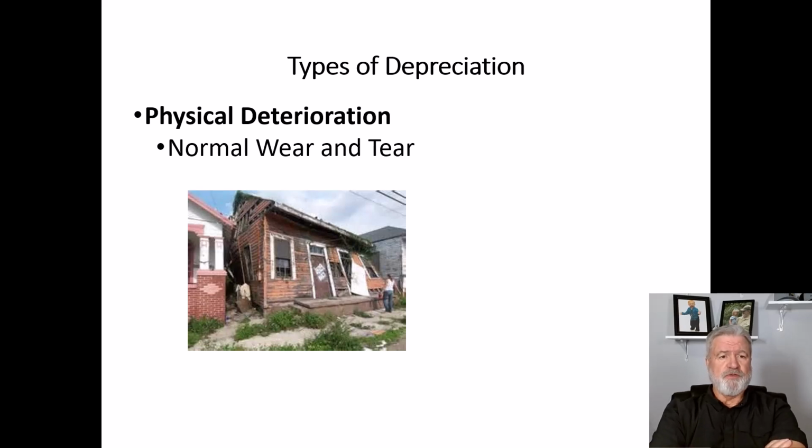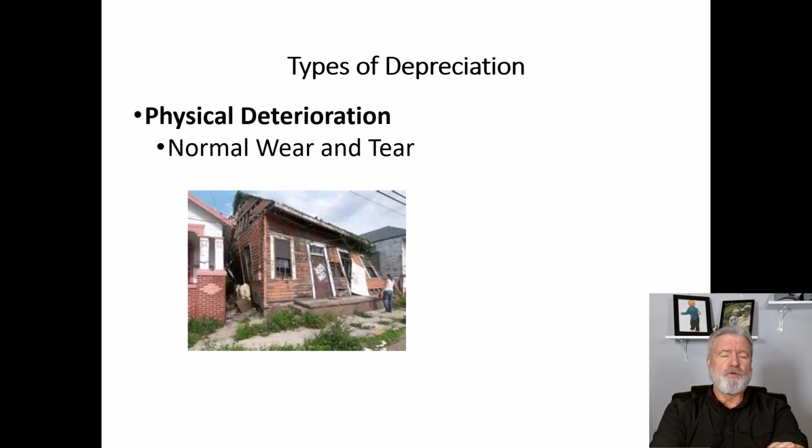The first one is just physical deterioration. Now, obviously, that picture you see on the slide is a little bit overboard, I guess. But when you don't maintain the property, it's going to depreciate. It's just wear and tear.